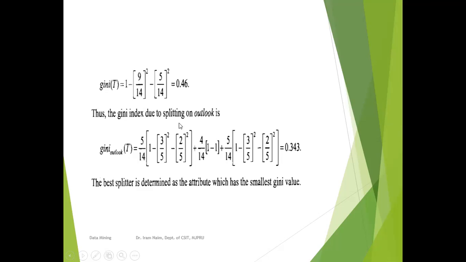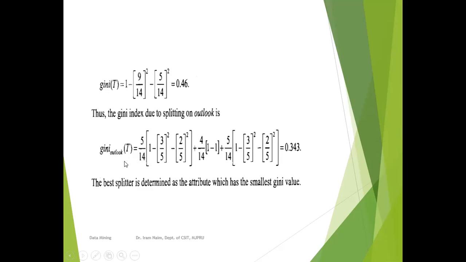This outlook is further divided into 3 different parts, and the values in those 3 parts are either yes or no. So this is the Gini index of the complete attribute.